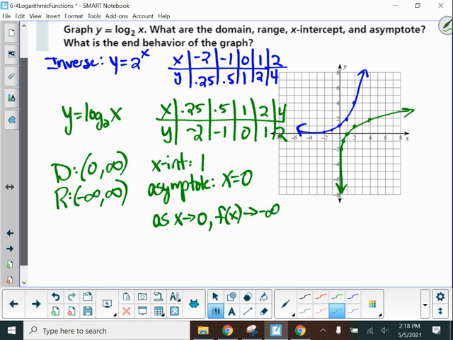So this is reversed because before we would say for the blue one, as x approaches negative infinity, f of x approaches 0. Again, this one is swapped. And then as x approaches positive infinity, f of x is approaching positive infinity as well. So that one, you do reverse it there too, but it ends up being the same thing.